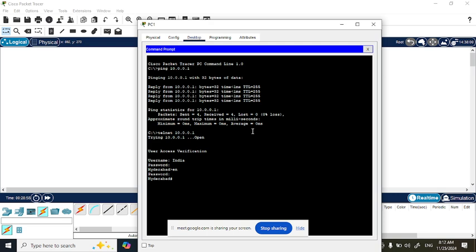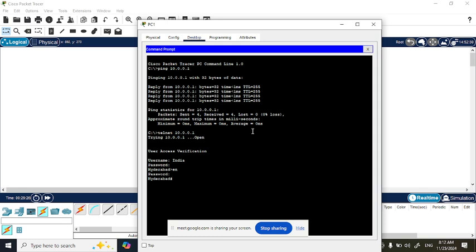I didn't configure the telnet separately. I'm only configuring SSH. But by giving the command transport input telnet, I'm able to access a telnet connection right now. So it's a good practice to only configure SSH.